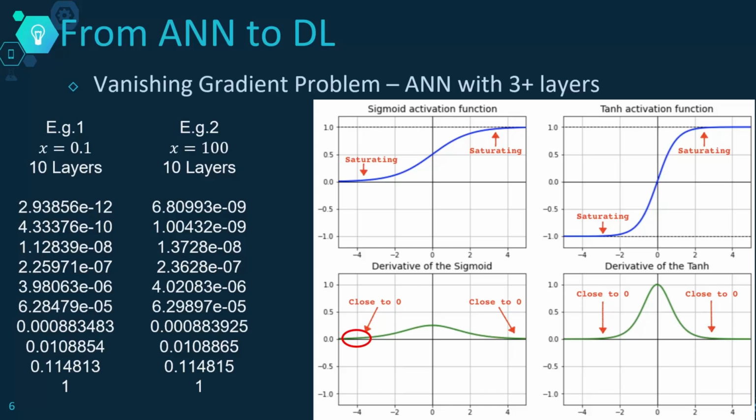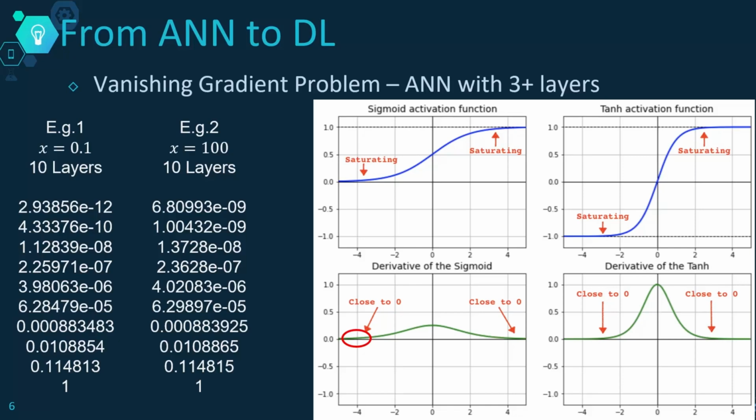Then we update the weights in the last layer. The gradients are very high. So you have learning rates, so you can update it very well. But you keep going, as you go beyond 3 layers, you will find that the gradient is approximately 0. So there will be no update on the weight. That means the backpropagation will not take effect in those early layers. So that is the problem.